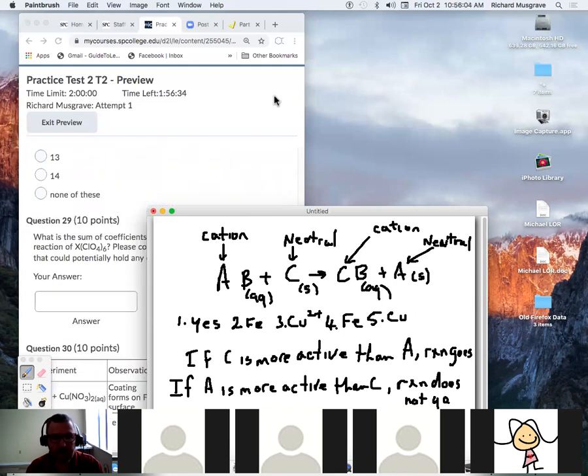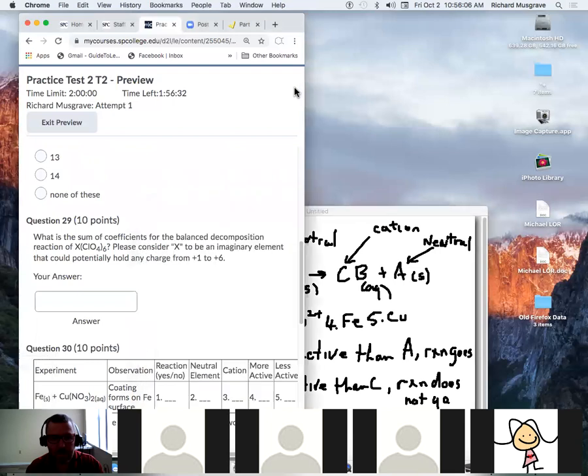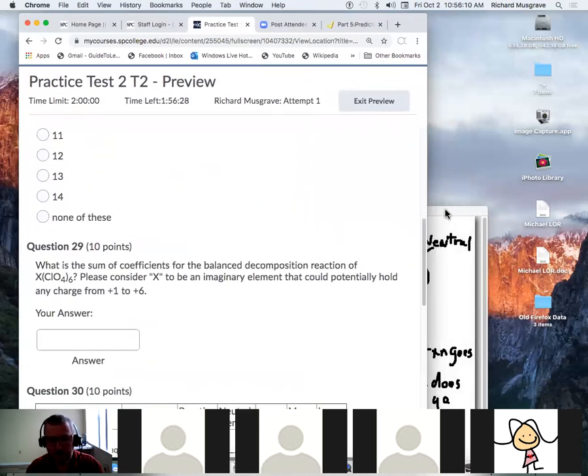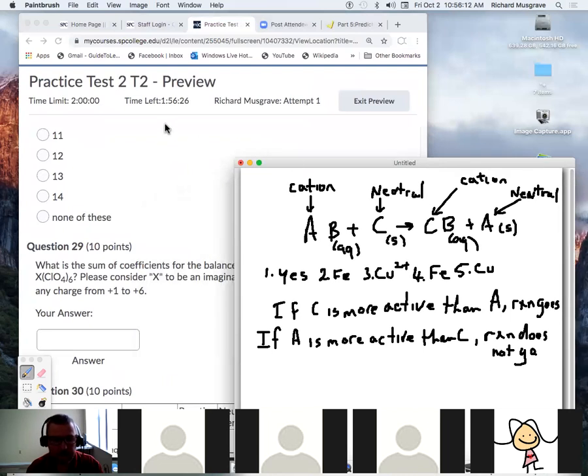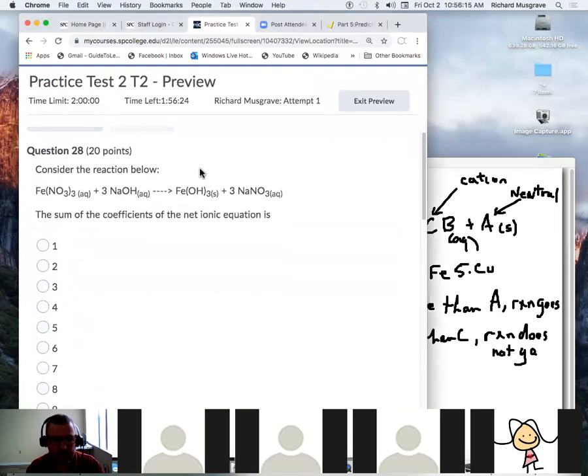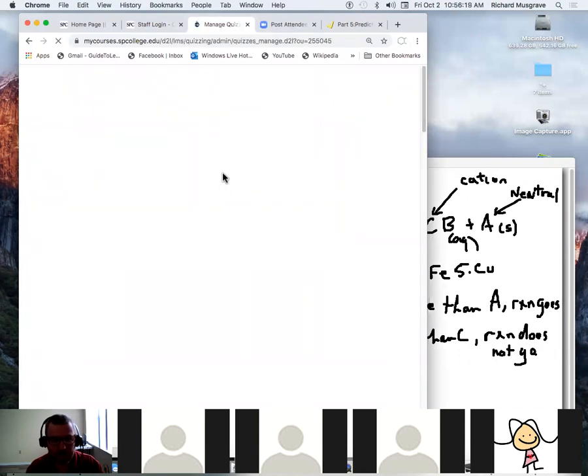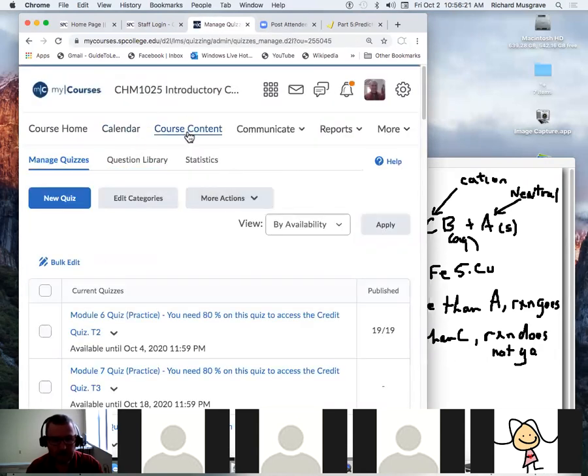Okay. All right, well, let's go through some of these problems as they appear on the test. I'm actually going to re-roll this so we get other examples of those.